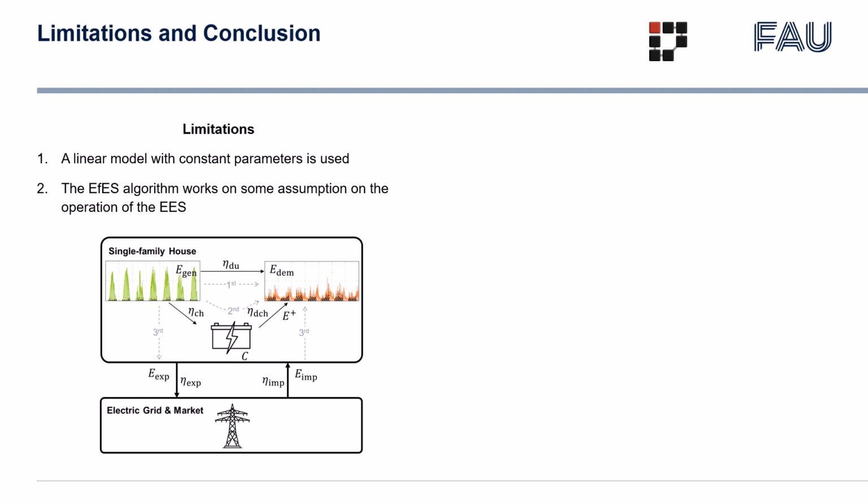So this pattern that the EfES algorithm exploits is quite prevalent right now. I don't know if it's still the same operational methods in 10, 20 years, but for current systems, that's definitely an important pattern that arises.